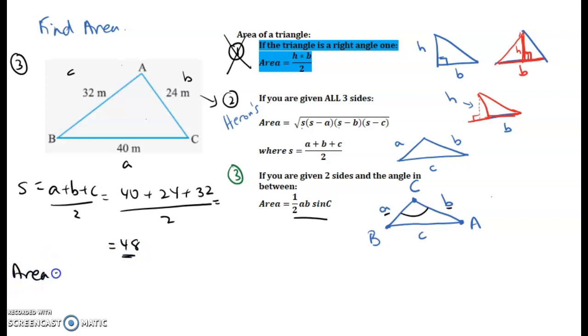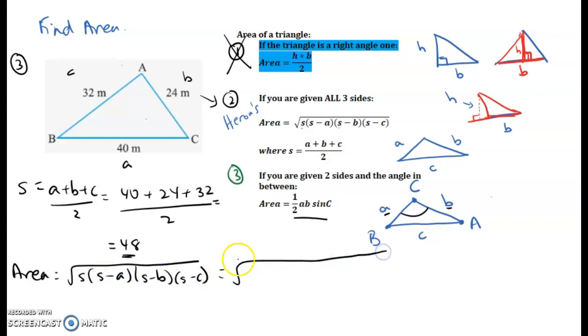Now my area will be square root of S by S minus A by S minus B by S minus C, guys. So that is going to be, just substituting the 48, I get 48 here. 48 minus 40, 48 minus 24, 48 minus 32.